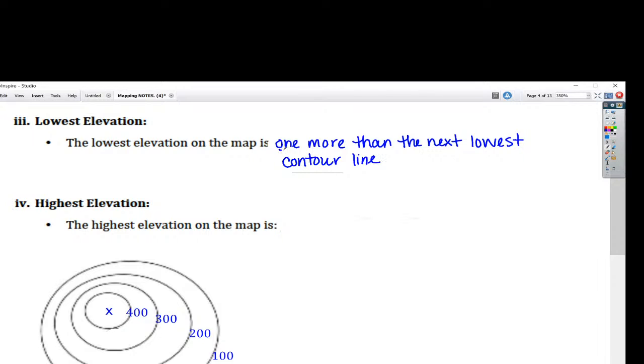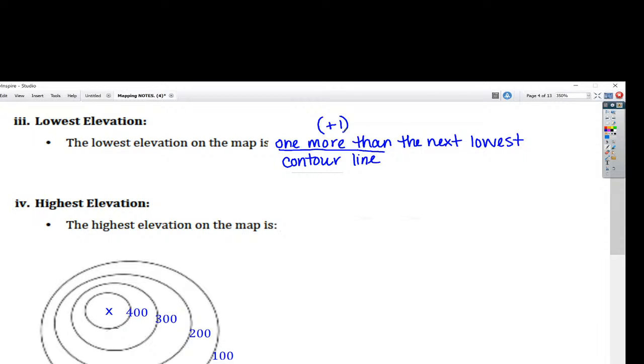If I say 1 more than, what am I doing? 1 more than is telling you to do what kind of operation: subtraction, addition, division, multiplication? If I say 1 more than I should be doing what, Giancarlo? Addition. So 1 more than means adding 1. And the next lowest contour line will be if we continue to count down. So let's do a practice on this one.